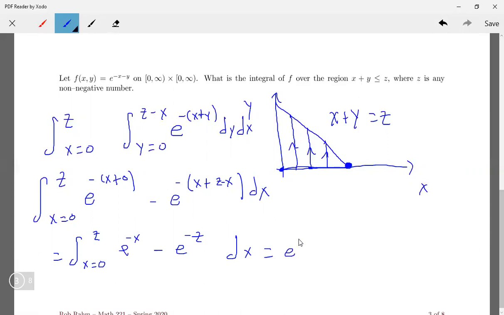So this is e to the minus 0 minus e to the minus z. And then this is a constant as far as x is concerned, so this is just minus z e to the minus z.